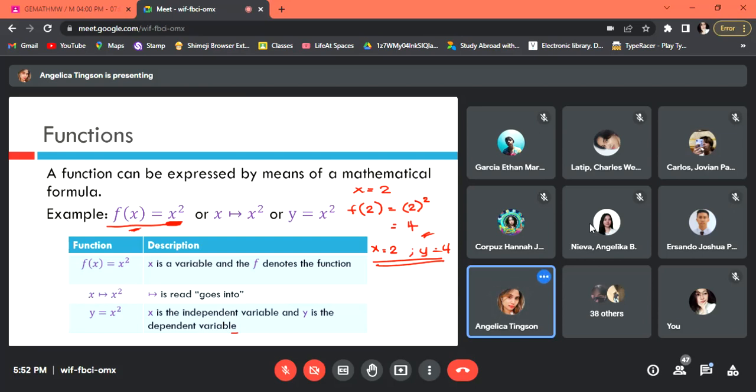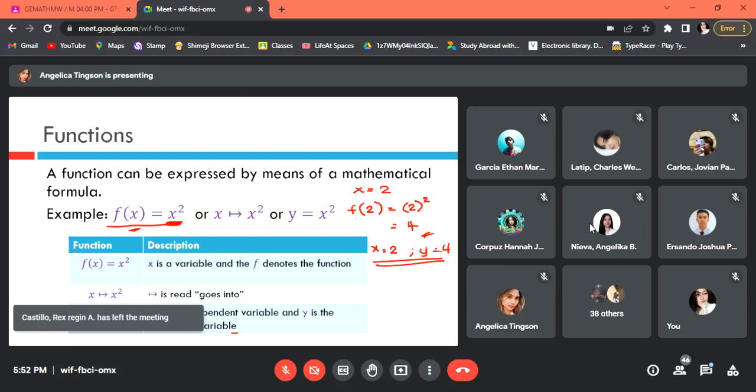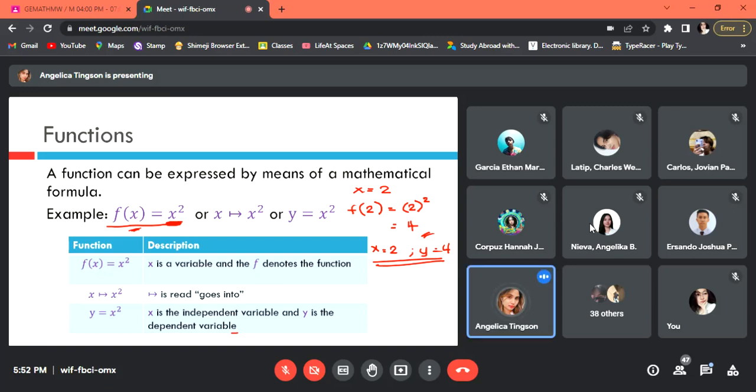Bago tayo lumipat, ano? Okay, so kung wala, lipat muna tayo sa next.